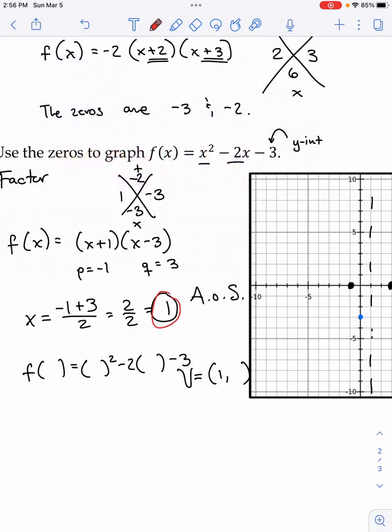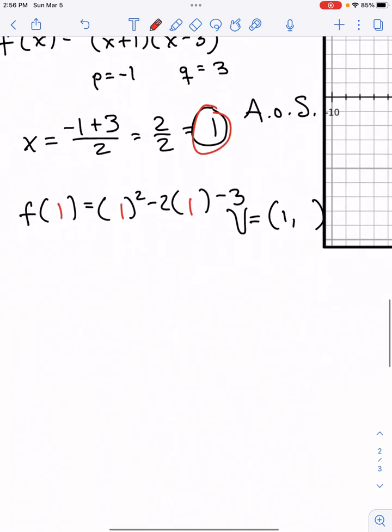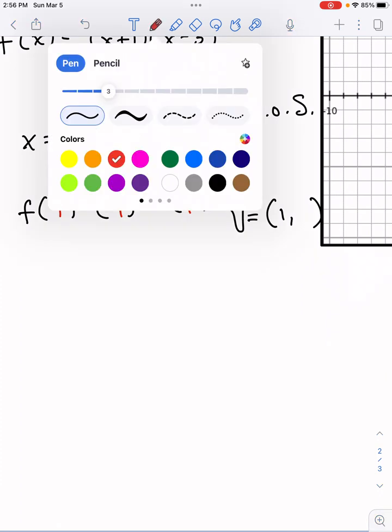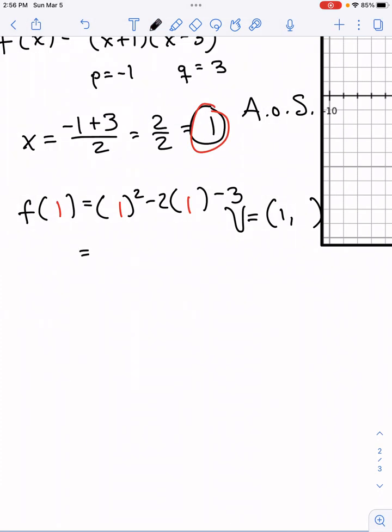We'll plug a 1 and simplify. 1 squared is 1. Negative 2 times 1 is negative 2, and then minus 3. This equals negative 1, and negative 1 minus 3 is negative 4. So our final answer for this function, f of 1 equal to negative 4.